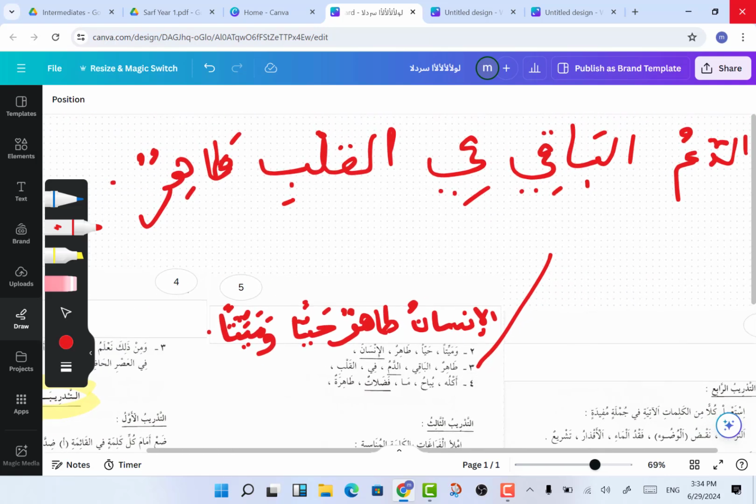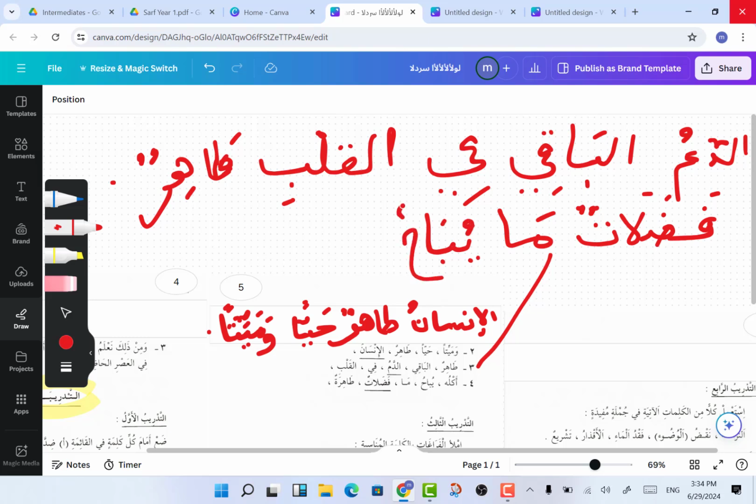Now, fadolatun. Fadolatun is what is underlined. Fadolatun ma yubahu akluhu tahiratun.